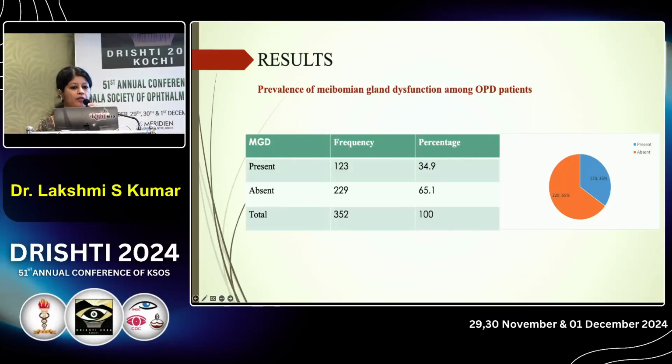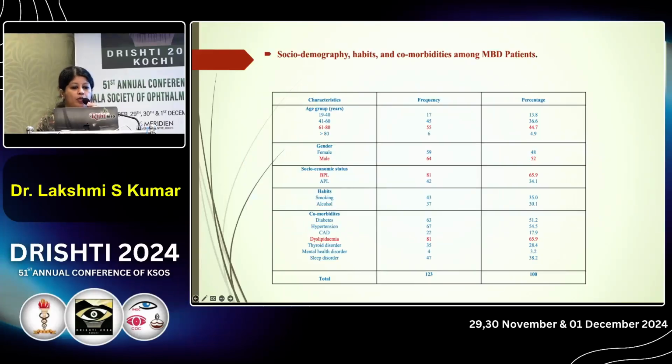Results of my study: out of 352 patients who came to our OPD, 123 patients had MGD, which accounts for nearly 34.9%. Coming to socio-demography, habits and comorbidities, in the MGD patients, the 61 to 80 age group is more prone to MGD in my study, and males are more prone to meibomian gland dysfunction, and BPL patients, that is below poverty line patients, are more prone to meibomian gland dysfunction.